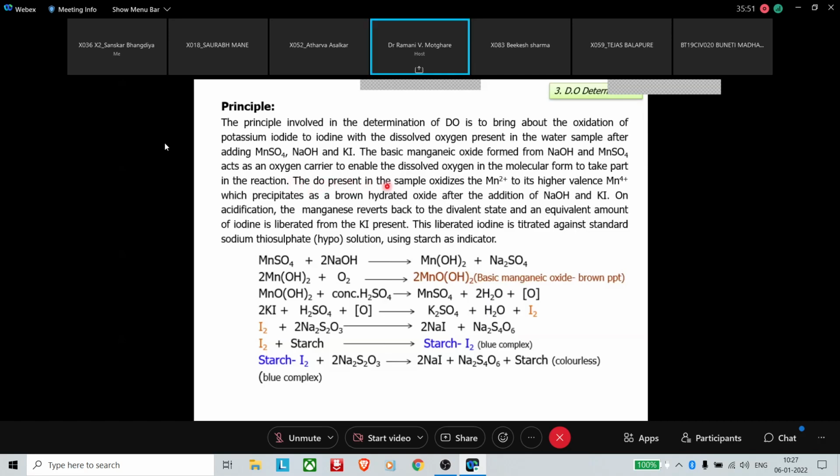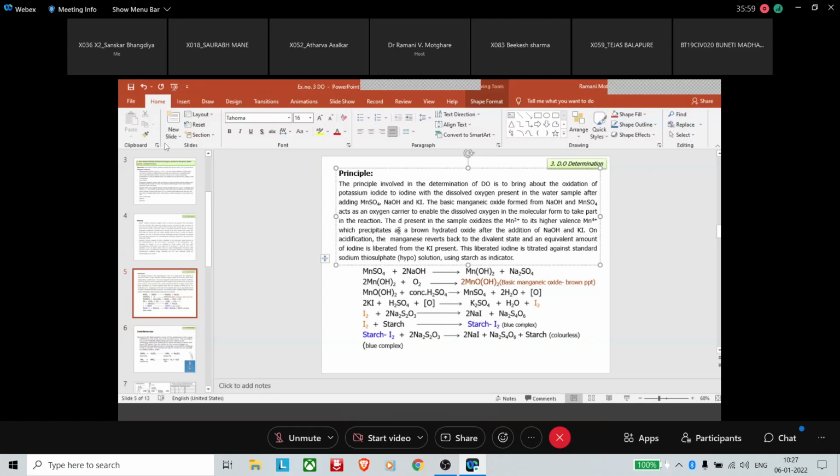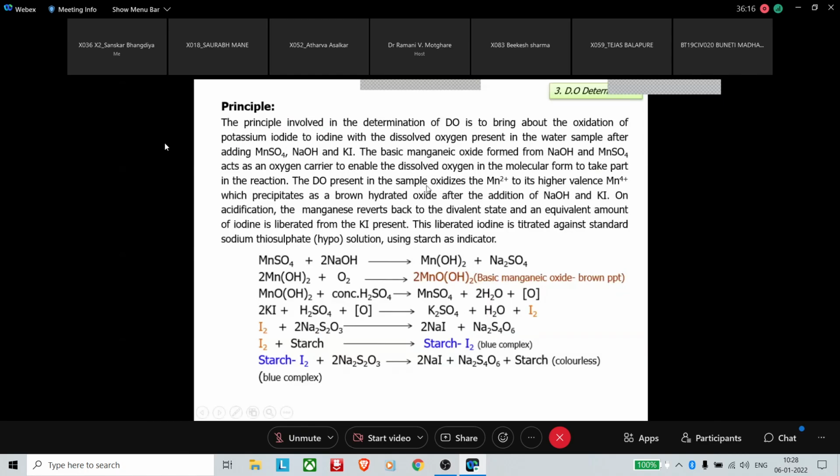The DO present in the sample oxidizes the Mn2 plus to its higher valency Mn4 plus, which precipitates as a brown hydrated oxide after the addition of NaOH and KI.